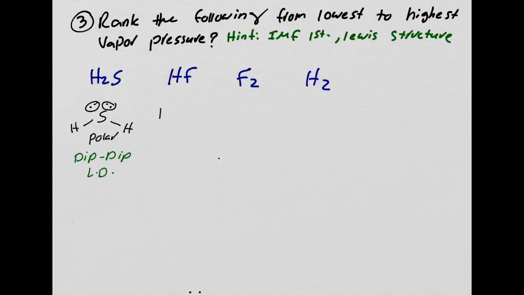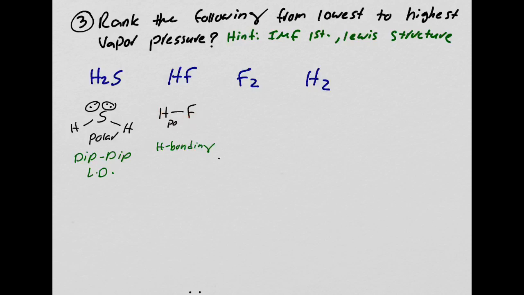Now here we have HF. Is it ionic? No. Again, count hydrogen as a non-metal. Is it hydrogen bonding? Yes, because it has HF. It has H bonding. Anything that has HN, HO, and HF directly attached is going to have hydrogen bonding. Perfect. Now, this one is also covalent.